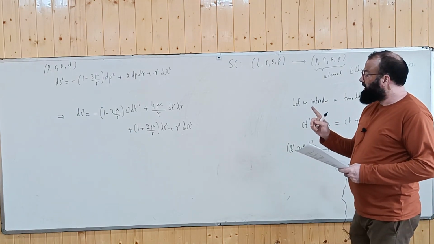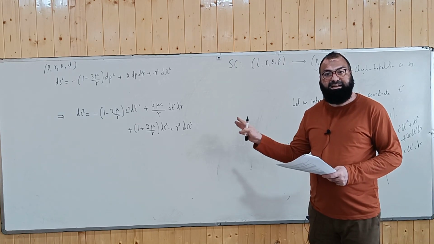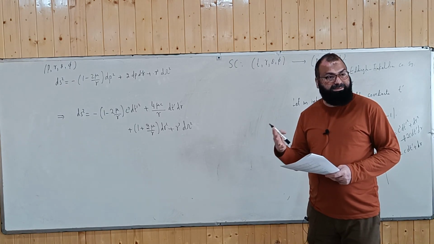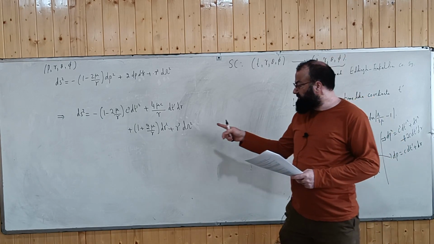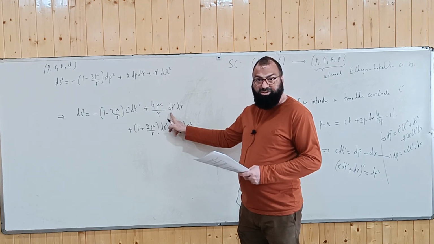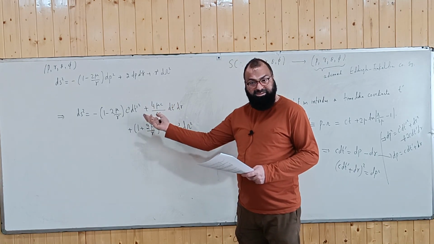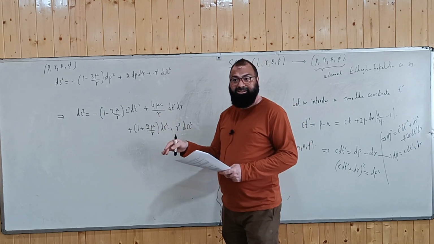If you remember, when we started with the Schwarzschild metric, going from t to minus t was invariant, because there was no cross term. Now you are having a cross term between r and t, so when you take t prime to minus t prime, it is not invariant.